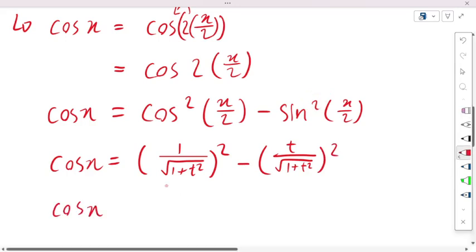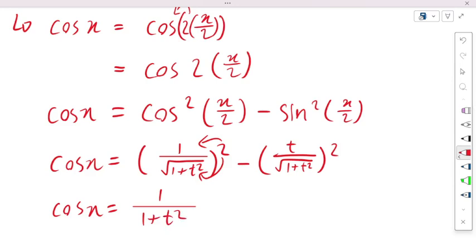Cosine of x is now going to be equal to, we're going to take the square in to both the numerator and the denominator using the properties of exponents, such that we're left with 1 squared, which is 1, divided by, squaring a square root means we're eliminating the square root. So it's going to be 1 plus t squared, minus t squared divided by 1 plus t squared.